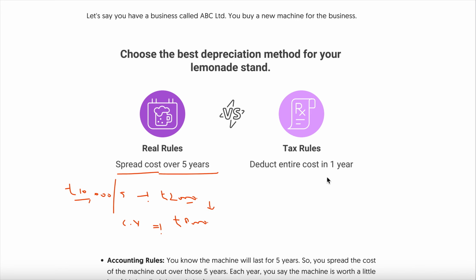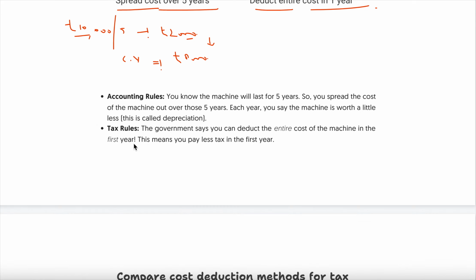But the tax rules say deduct the entire cost in 1 year. Now, as you can see, you know that the machine will last for 5 years, as we have just concluded. You spread the cost of the machine over those 5 years, straight line depreciation policy in place. Each year, you say that the machine is worth a little less, which is called depreciation.